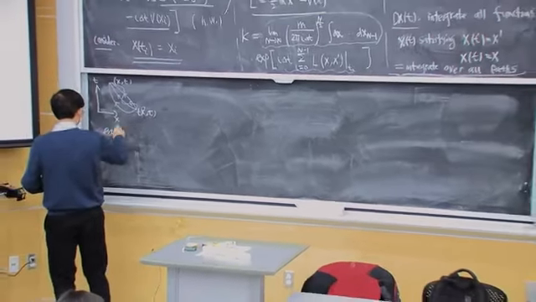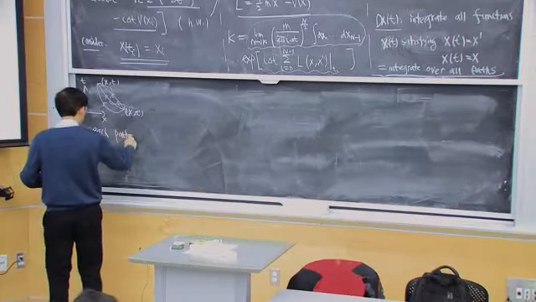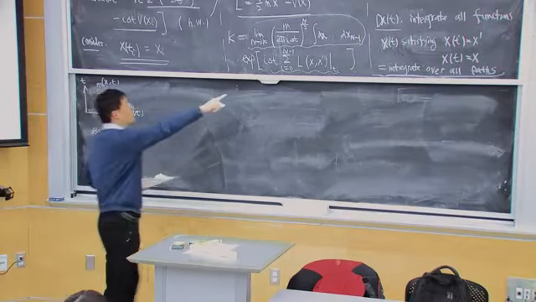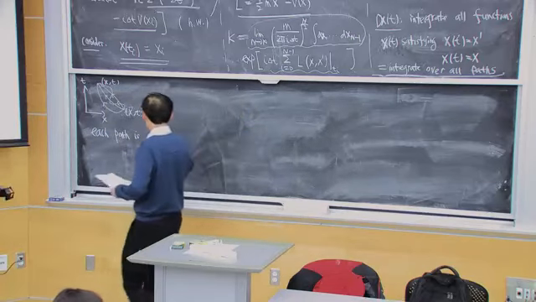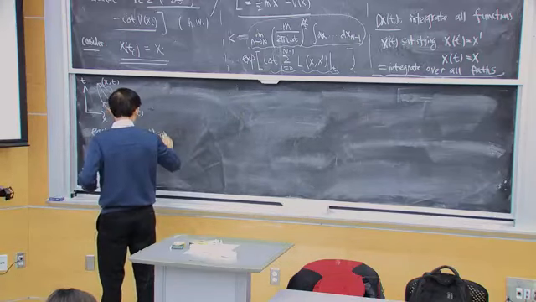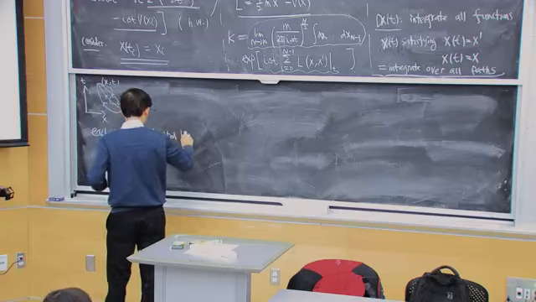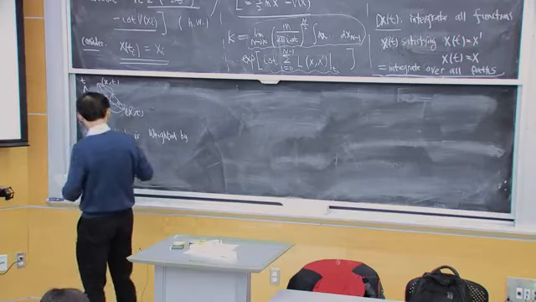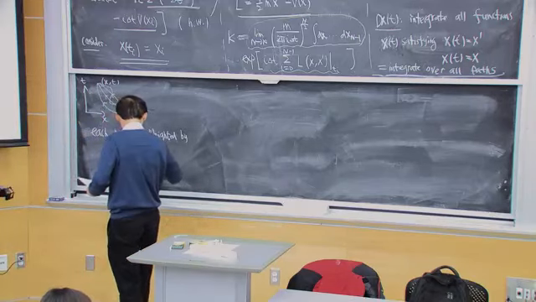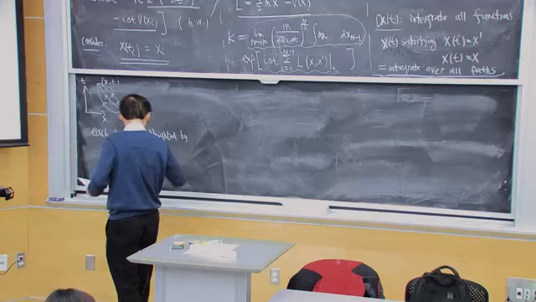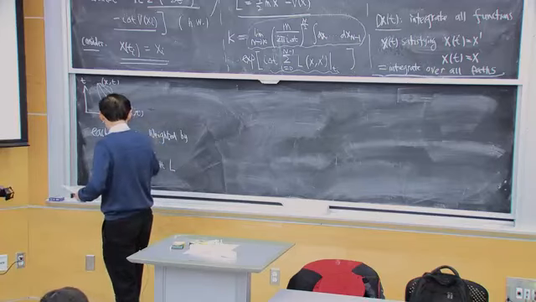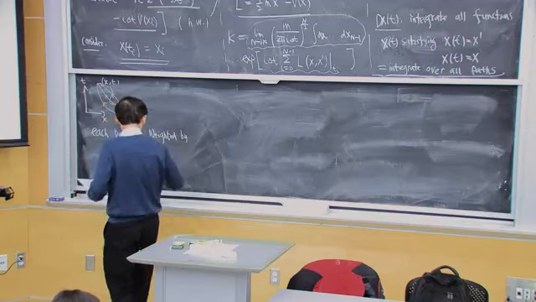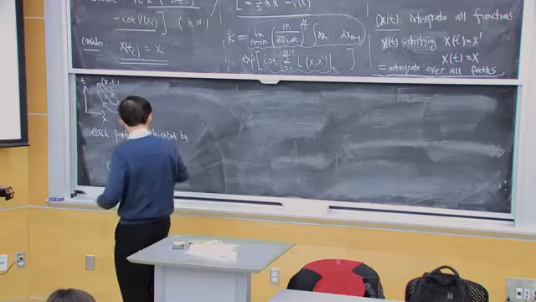Each path, the integrand, is weighted by the exponential of i times S, and S is just your action, from t prime to t.